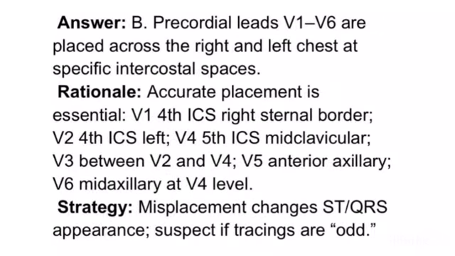Answer: B. Rationale: accurate placement is essential. V1 4th ICS right sternal border, V2 4th ICS left. V4 5th ICS midclavicular, V3 between V2 and V4, V5 anterior axillary, V6 midaxillary at V4 level. Strategy: misplacement changes ST/QRS appearance, suspect if tracings are odd.